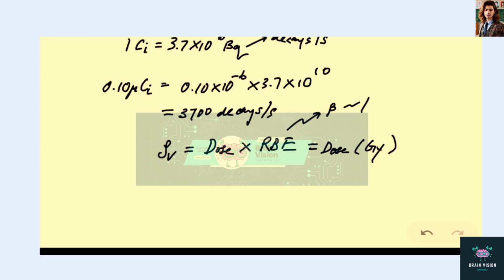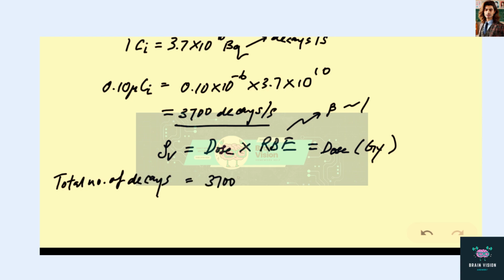Now assuming that the activity is constant throughout the year, right? So that is, the number of decays per second is constant throughout the year. We can find the total number of decays in a year.